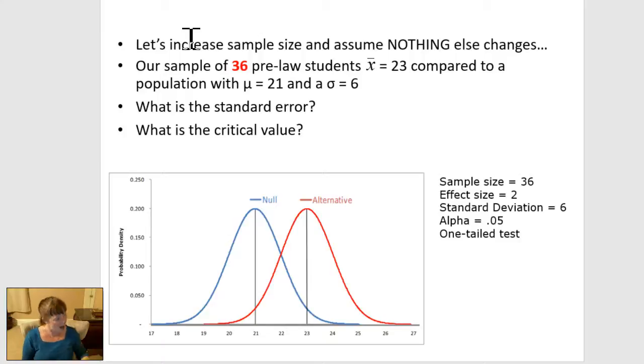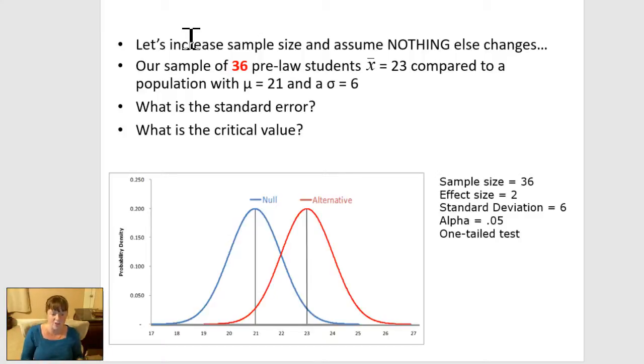We still got an average of 23, but now this average in our sample of 23 isn't based on 9 people, it's based on 36. So now my theoretical, hypothetical sampling distributions of the mean don't have 9 people in each of them, they have 36. And so now each sample average is a little more accurate because it's based on 36 people, and so standard error is going to be smaller because each sample average is going to be more accurate.